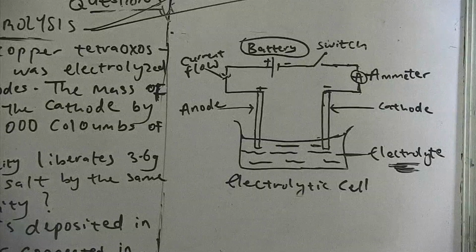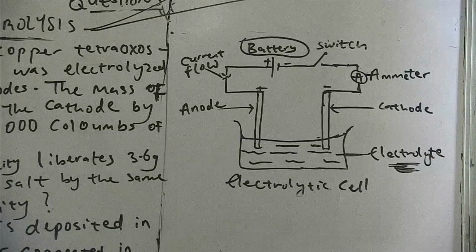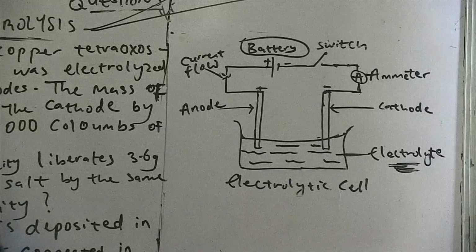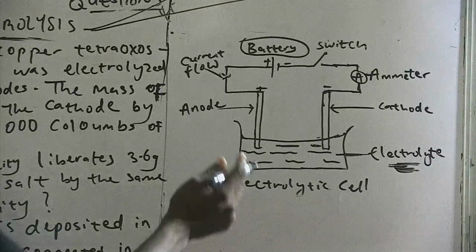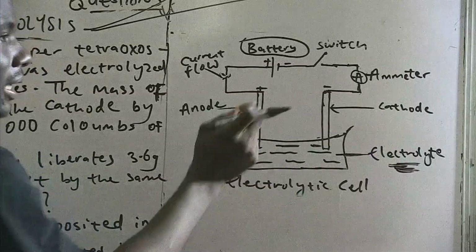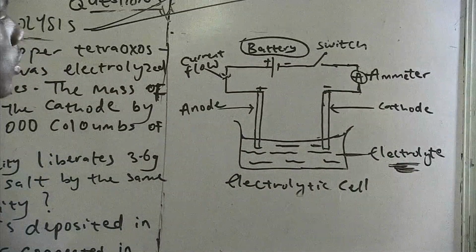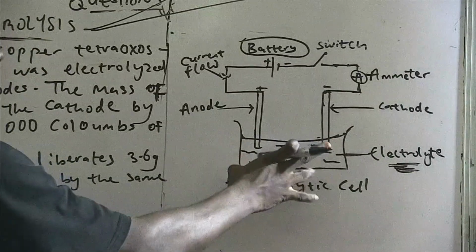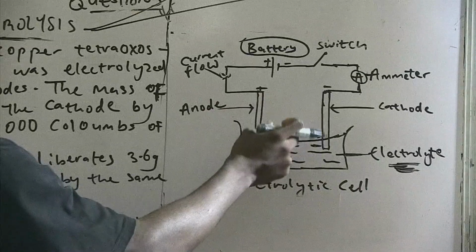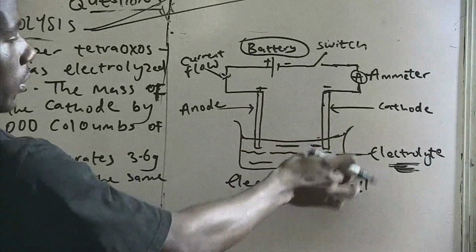You need to note that electrons leave through the anode and they come in through the cathode. So take note, electrons leave the electrolyte through the anode, and they come in through the cathode back.